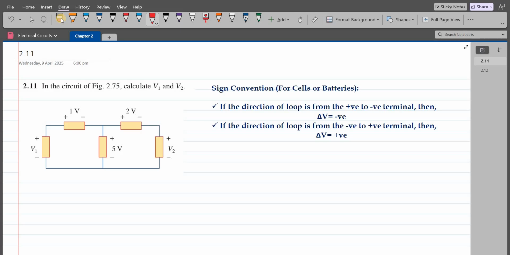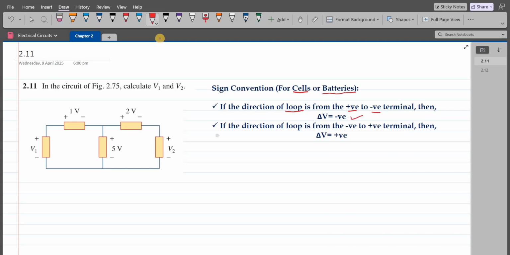But before that, we have to consider a sign convention that we will use in this problem. This sign convention is for cells or batteries. Number one, if the direction of loop, I believe you are familiar with this term, loop is any closed path in a circuit, is from the positive to the negative terminal, then we would consider the potential difference across that cell or battery as negative.